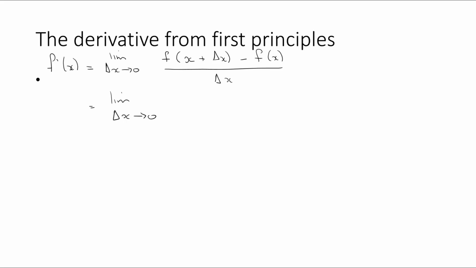Now we have to put x plus delta x into the function. So I might just write the function here. Okay, so I'm going to put in x plus delta x instead of x. I need the 2 outside there.